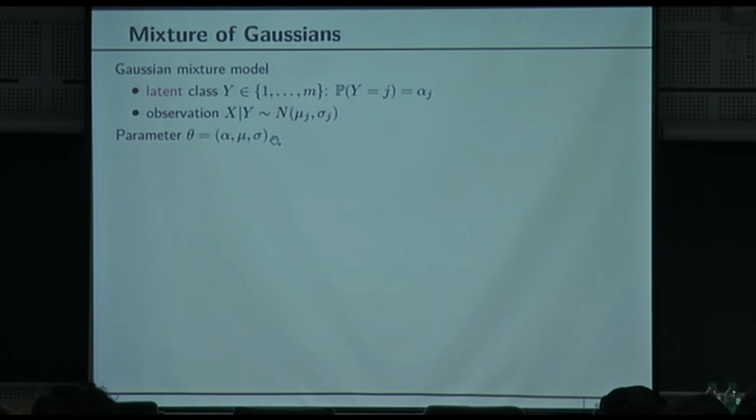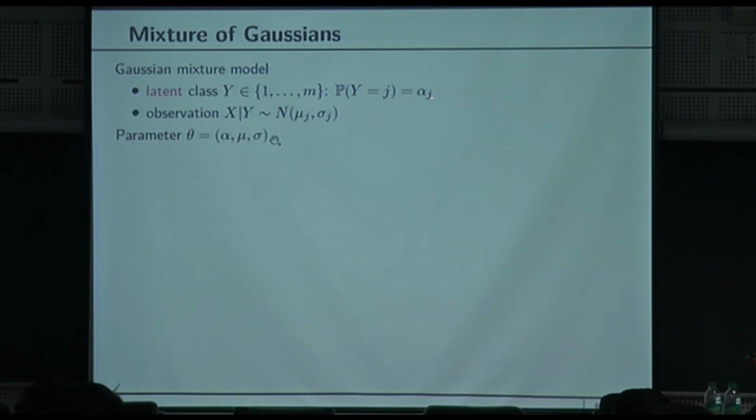Here, the model that I'm proposing is that the observations are coming from m different classes. This is a classic classification problem. A person walks in, they are in one of m different classes, and the observation associated with this person is normally distributed with mean mu j and sigma j, depending upon which class the customer comes from.